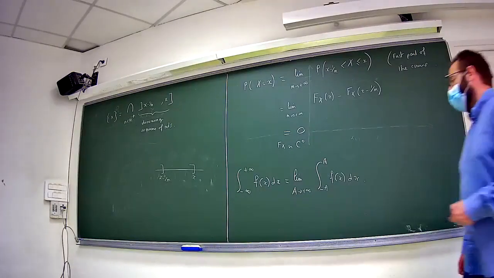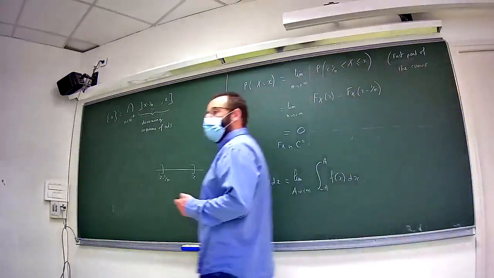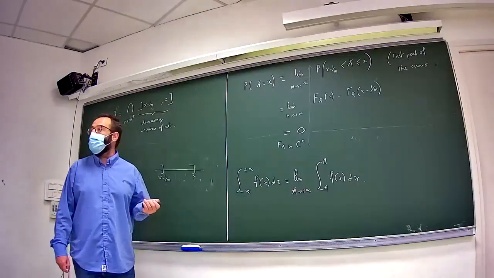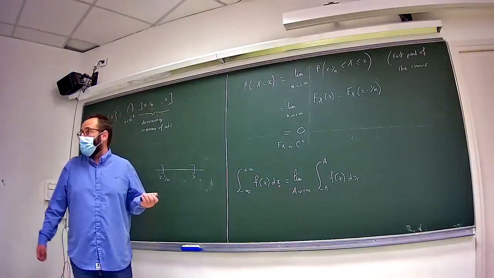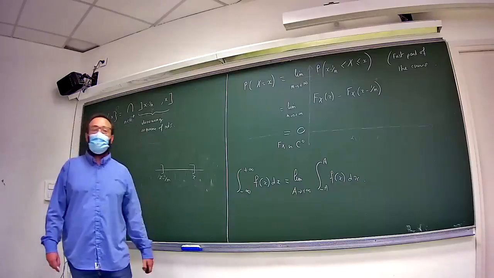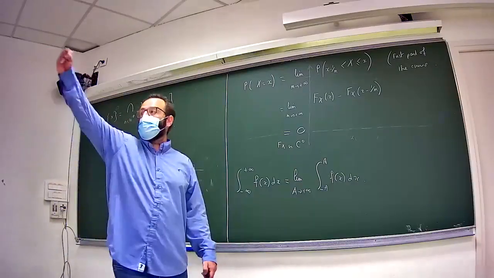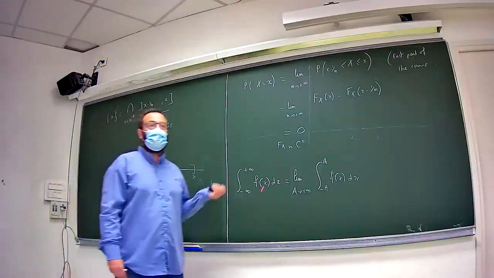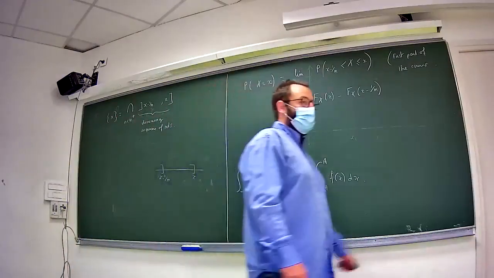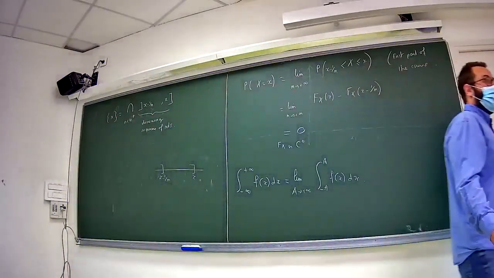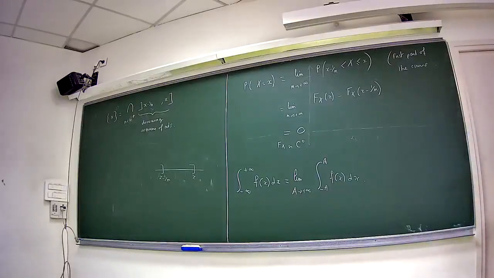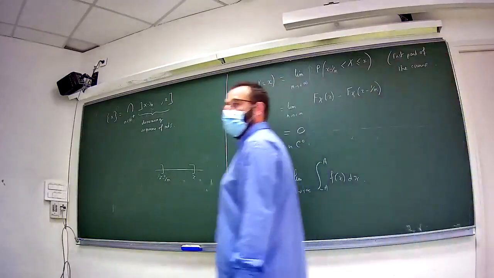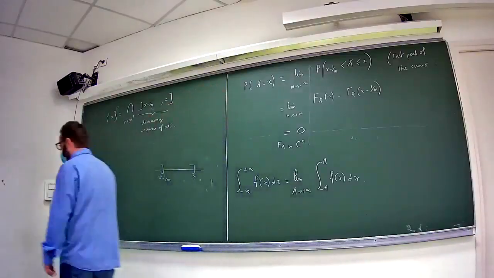And keep in mind that since I have a limit, sometimes this limit doesn't exist. It's possible. I can show you examples, and you have examples in my document where the integral of something between minus infinity and plus infinity is not defined, in fact.